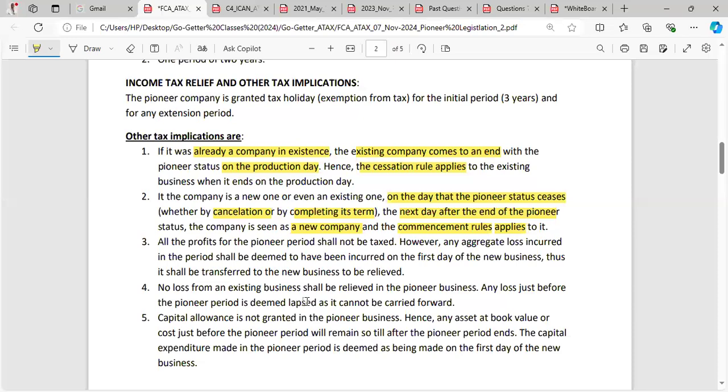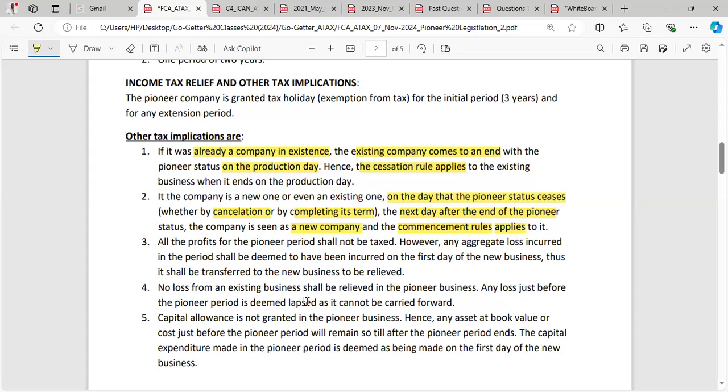Now, let's say the company is a new one, or even an existing company, and it is doing a pioneer activity.